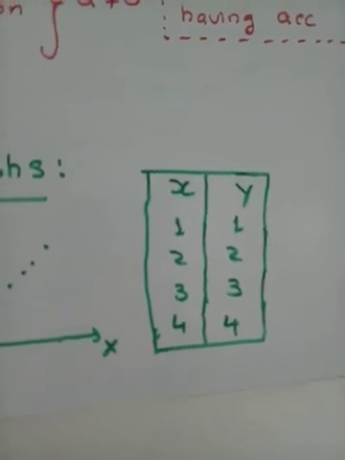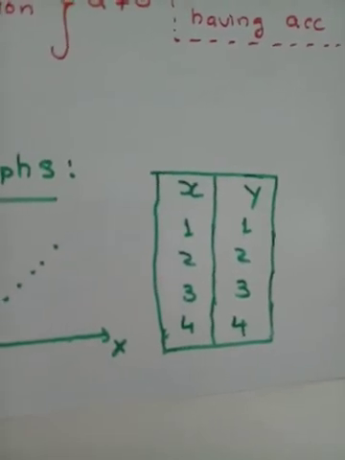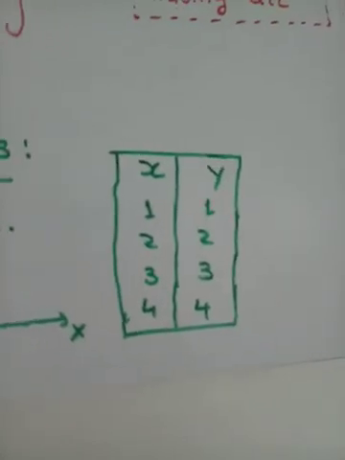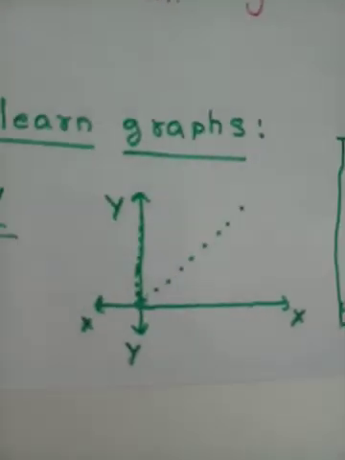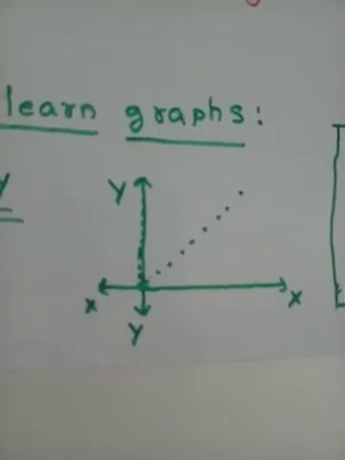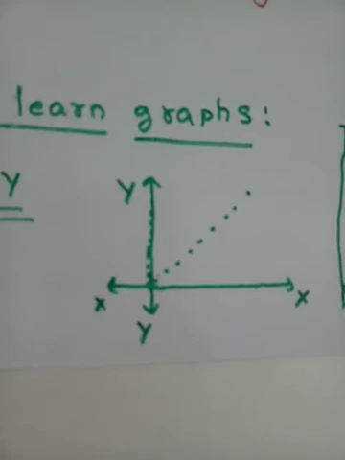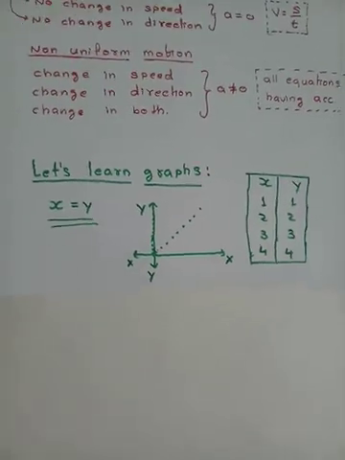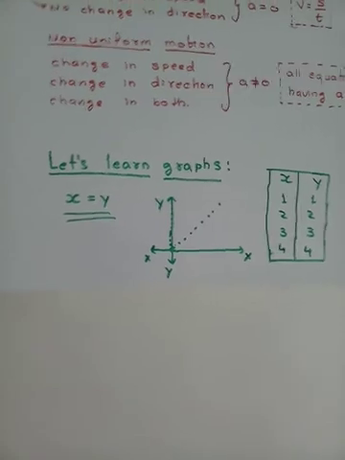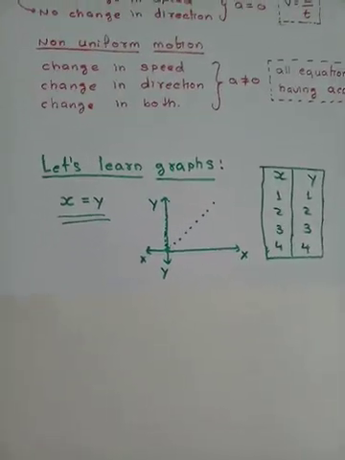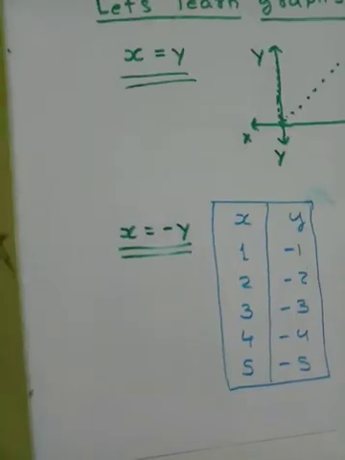Because the equation is x equals y, the values of x will also be 1, 2, 3, 4, and when you plot it on a graph paper, it will look exactly like this. This is the graph of the equation x equals y. Very simple one. Now let us go for the next equation, x equals minus y.